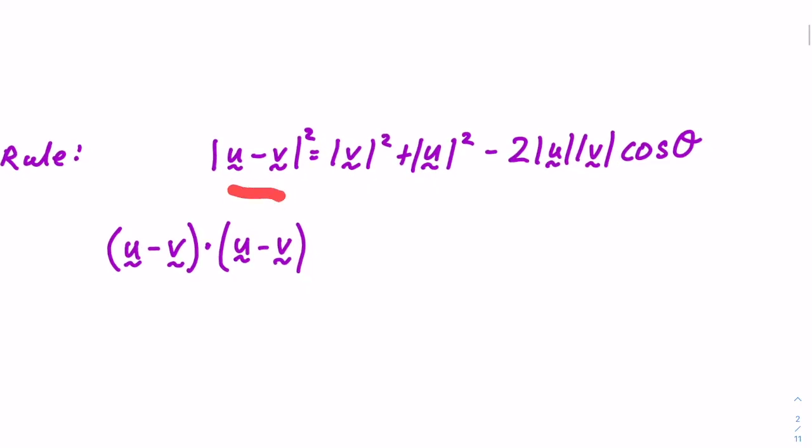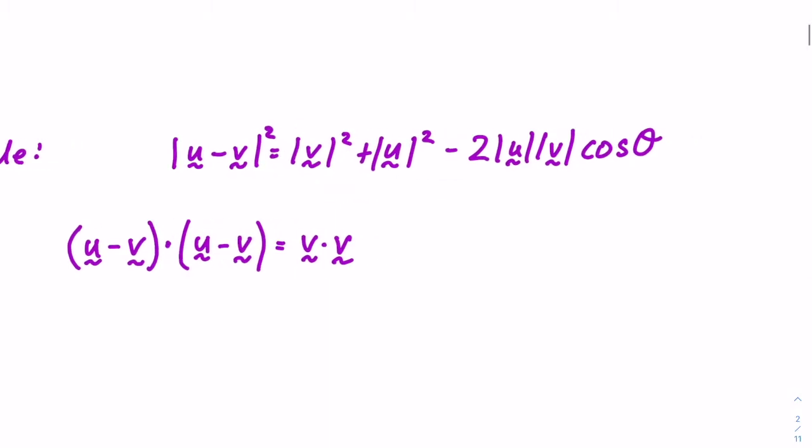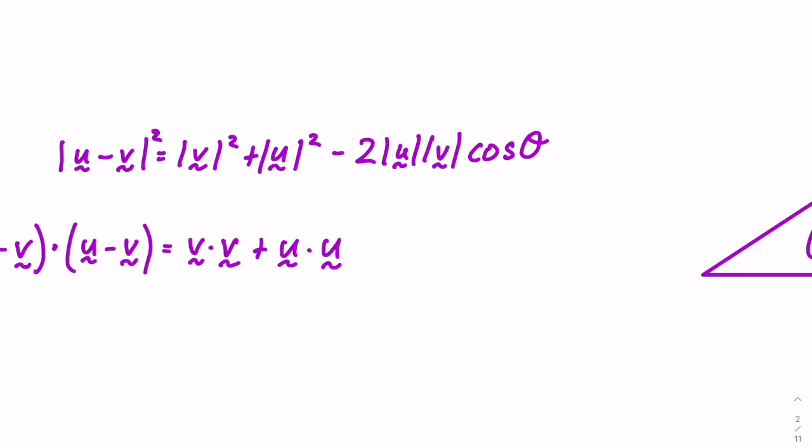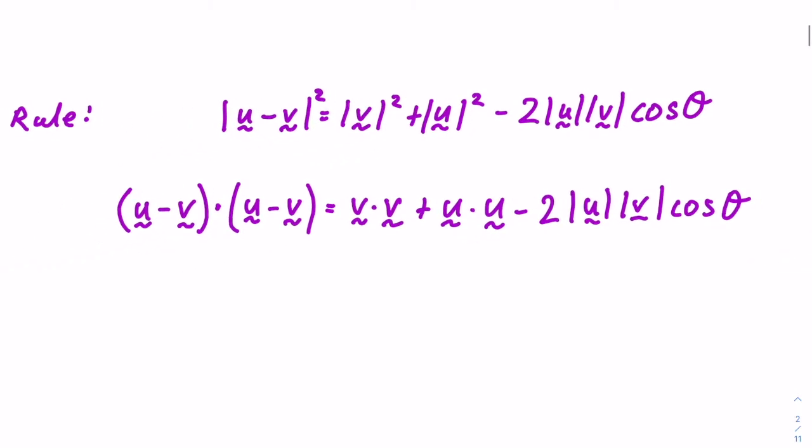So we can rewrite this like this, and we can do the same thing with those two. So the magnitude of v squared is the dot product of v with itself. The magnitude of u squared is the dot product of u with itself, and then just that last bit as well.